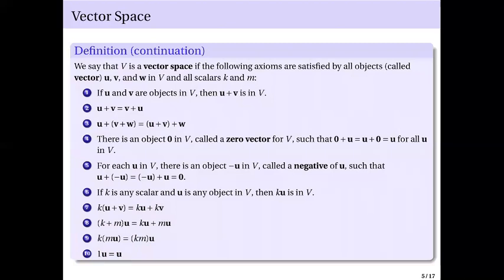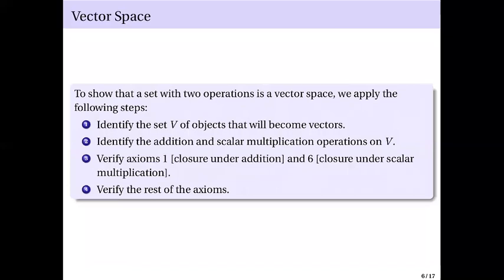So now, how do we show that a given non-empty set with two binary operations, the addition and the scalar multiplication, is a vector space? These are the suggested steps.